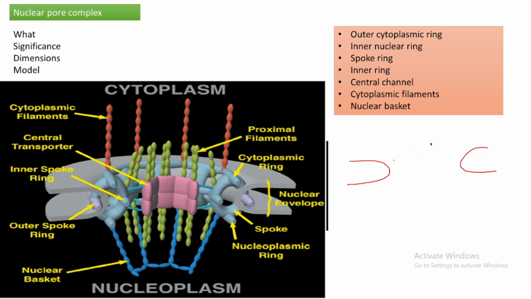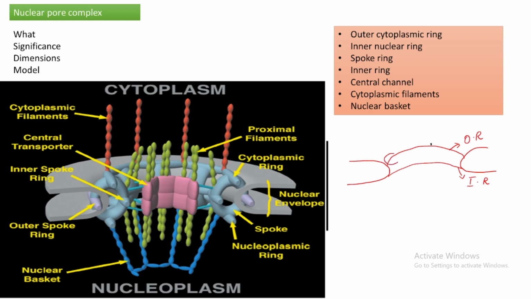And that complex consists of two rings. An outer ring. I am drawing only half of that structure because it is a cross section. Outer ring and an inner ring. This is inner ring. Okay. And these two rings are composed of 8 protein subunits.